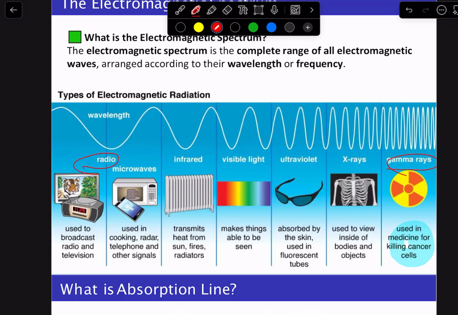From this spectrum we can easily understand that gamma rays have the highest frequency among all the electromagnetic waves, and radio waves have the lowest frequency. And this is the visible light, where blue light has comparatively higher frequency than red light. So this is what we observe for now.